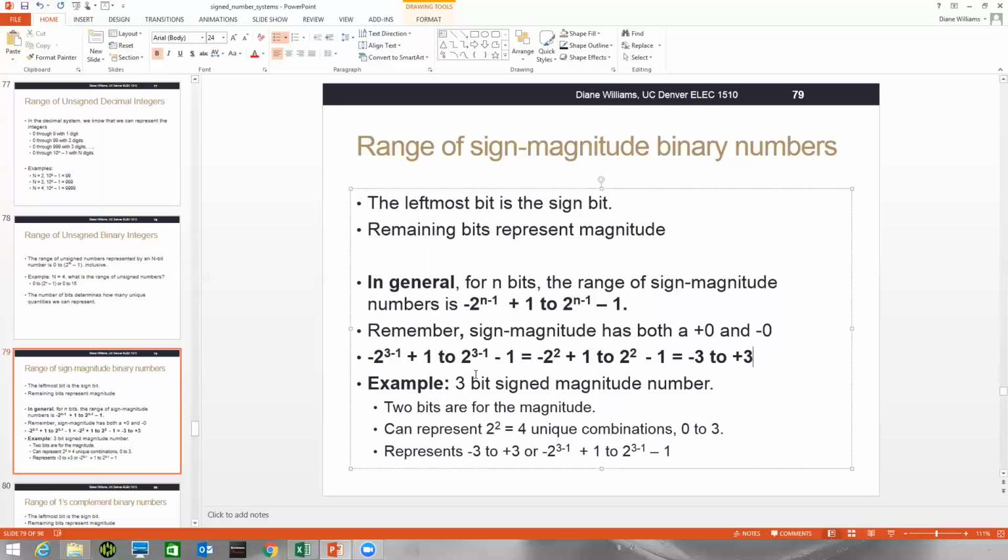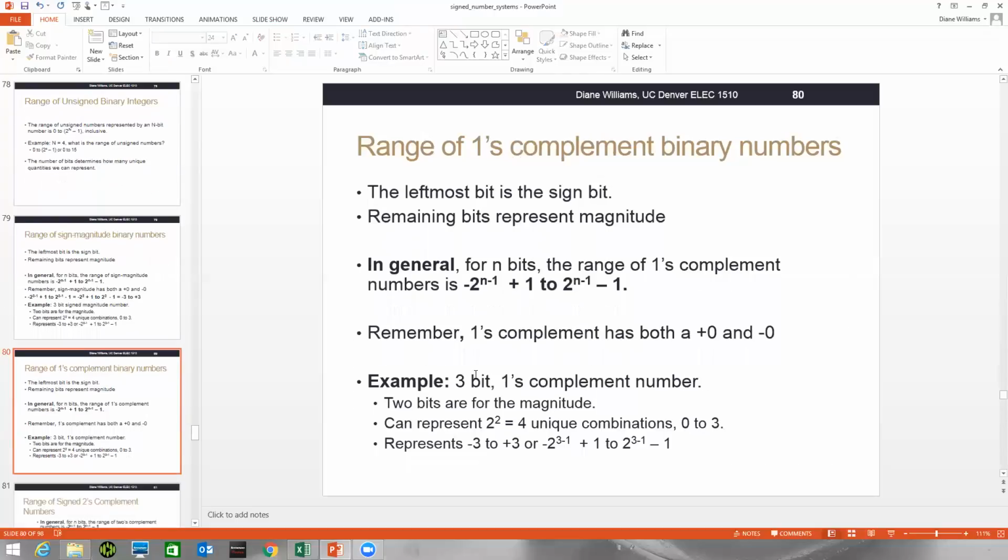Okay, so that's how we got that range of sign magnitude. Now, here's the formula you use for range of one's complement. It is the same formula.